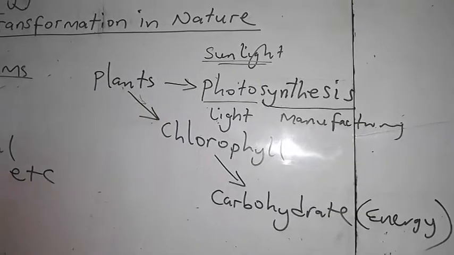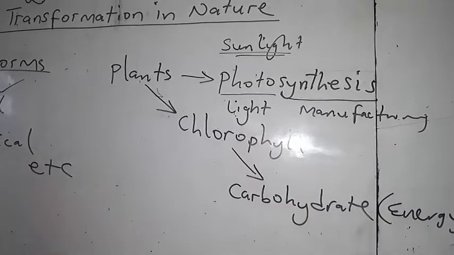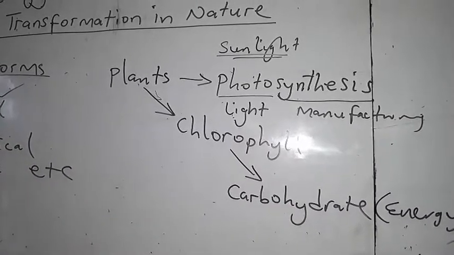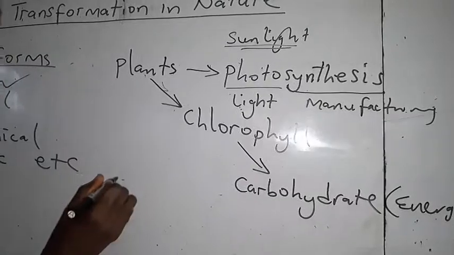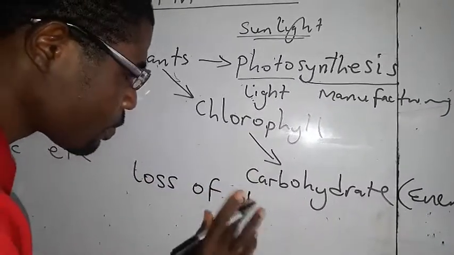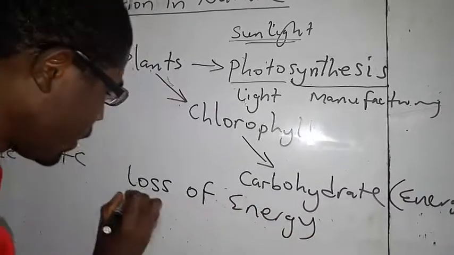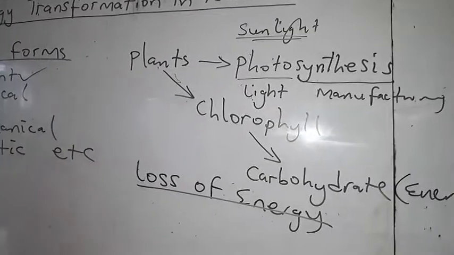This energy that is gained from the sunlight can equally be lost. So how can this energy be lost? Energy is lost in various ways. Loss of energy. Energy can be lost in various ways.